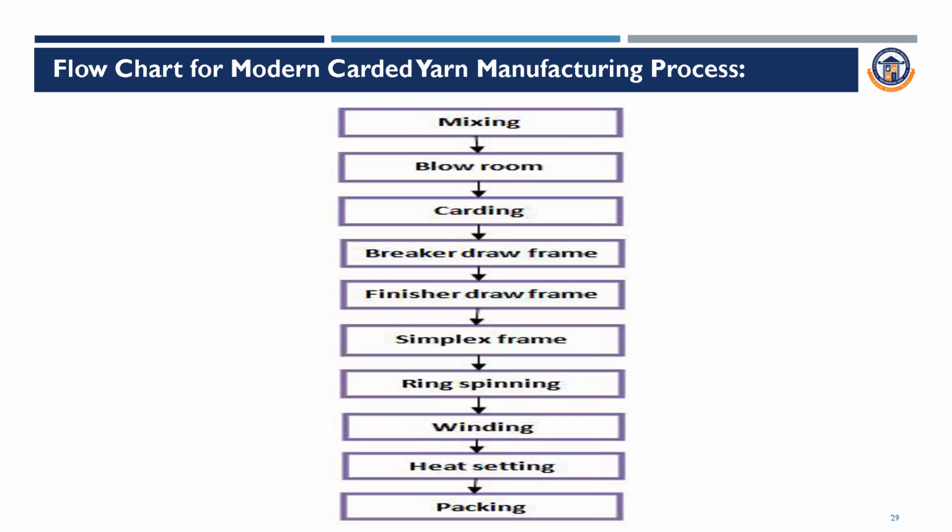Next, we see the sequence of machinery for the carded yarn manufacturing process. Before seeing the sequence, we must know about fiber properties, the definition of fibers, and the classification of fibers. For that purpose, we see the basic requirements. So, for the modern carded yarn manufacturing process, this is the process sequence implemented in the latest spinning mills: mixing, blow room, carding, breaker drawframe, finisher drawframe, simplex, ring frame, winding, cone winding or doubler winding, heat setting, and packing.